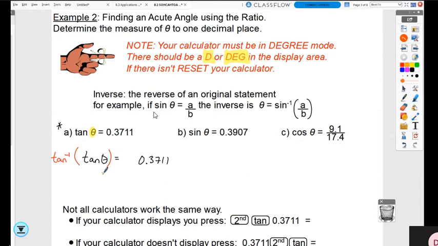And then we do the tan inverse of the other side, like that. And what happens is that the tan inverse cancels with the tan, which is great, because now on that left side, all we have is theta. And on the right side, we have the tan inverse of 0.3711.